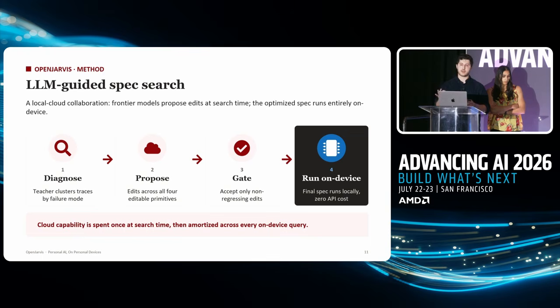And then, once that final config improves, actually run the whole thing on device. So this allows you to get the best of the Cloud LM by allowing it to optimize and strengthen your existing workflow while running all of the actual day-to-day logic, the day-to-day intelligence on your device.